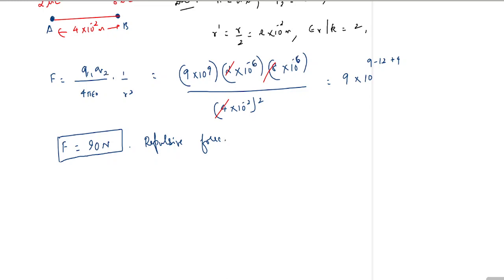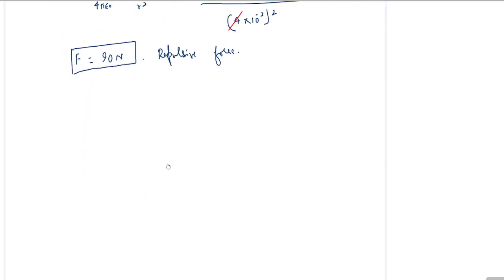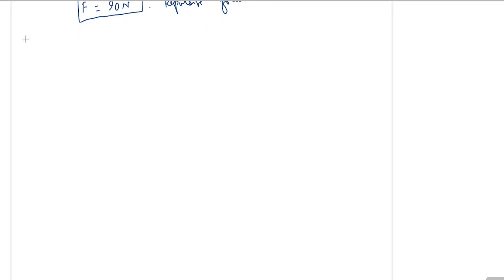Second part says that the distance between them is halved, and between them a medium is introduced. Now in such a case the force formula will change. We'll write force in any medium. I'm just writing F suffix m, that is equal to q1 q2 by 4 pi epsilon medium into r square.